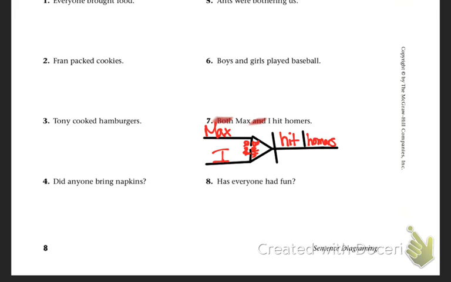Did anyone bring napkins? What do I need first? Baseline. Then I need to figure out what I'm talking about. Who am I talking about? Anyone, right? What about anyone? Now I need my subject predicate line, don't I? Yeah. What about anyone? Did bring.